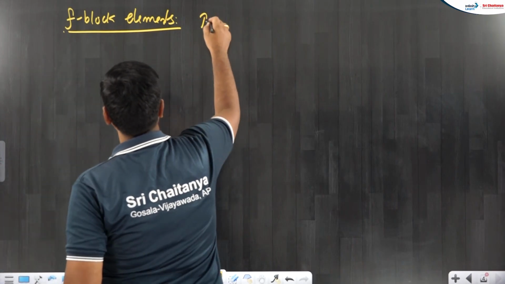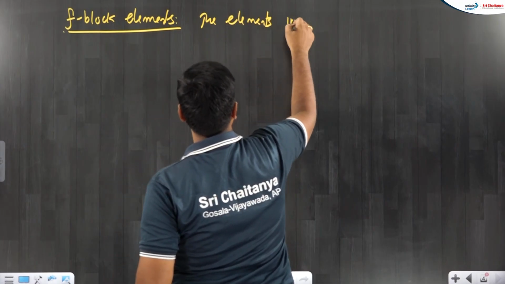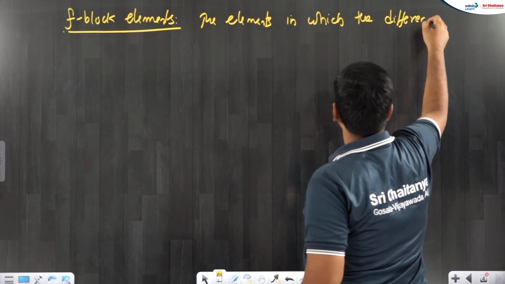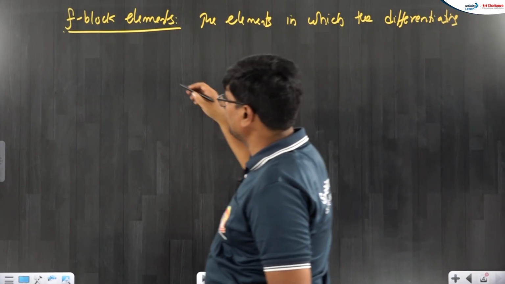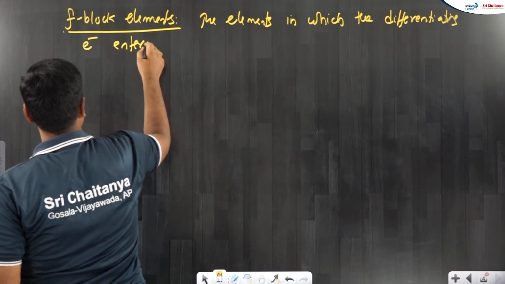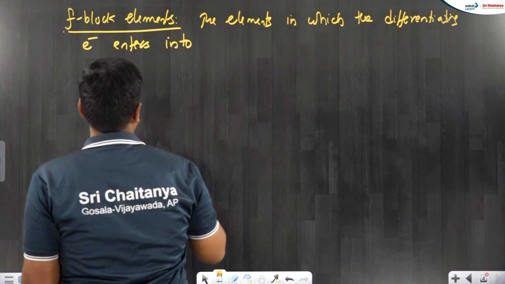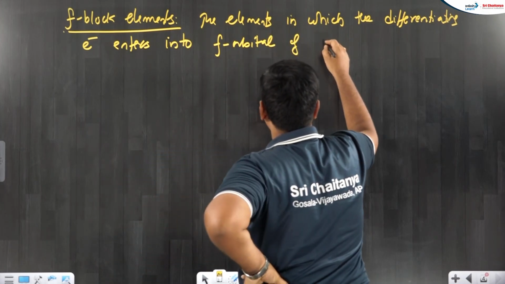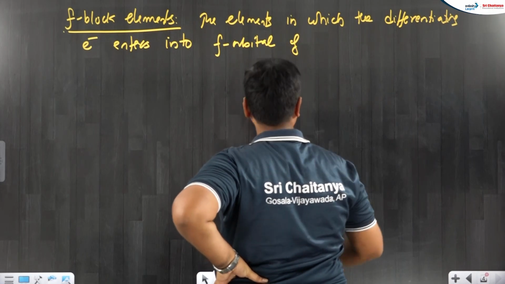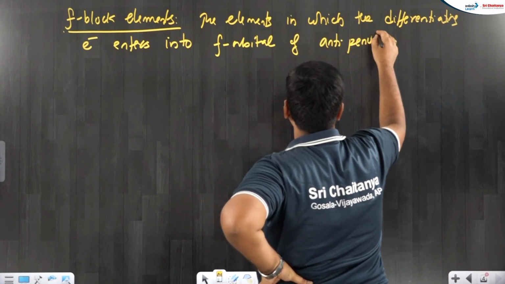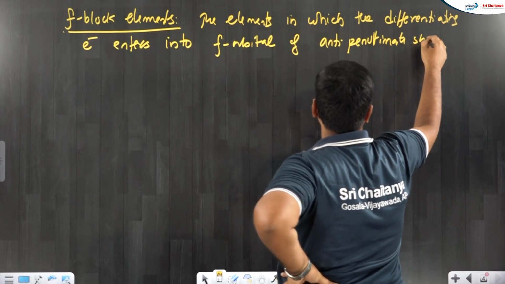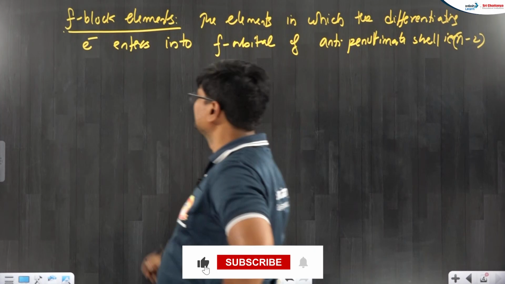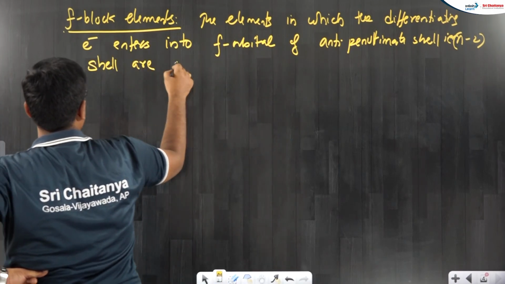So here the elements in which the differentiating electron enters into the f orbital of the antepenultimate shell, that is the n-2 shell, are called f block elements.